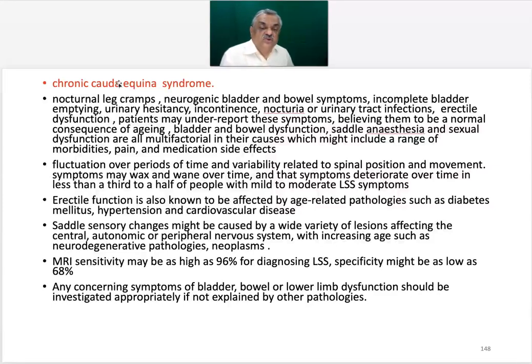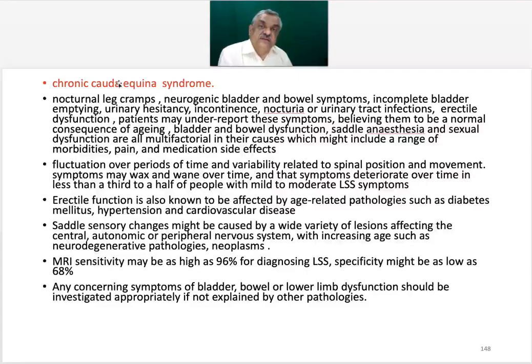Erectile function is also known to be affected by age-related pathologies such as diabetes, hypertension, and cardiovascular disease. Saddle sensory changes might be caused by a variety of lesions affecting the central, autonomic, or peripheral nervous system with increasing age, such as neurodegenerative pathologies or tumors.